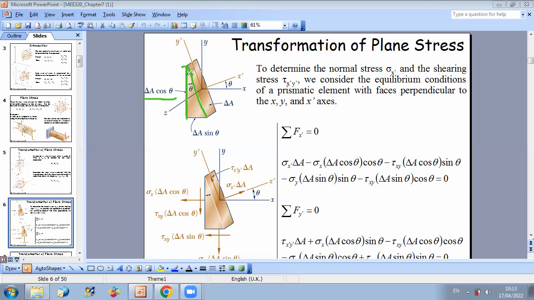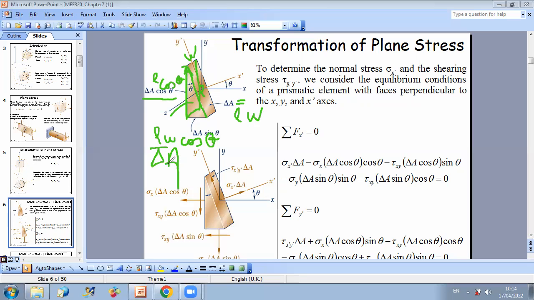Because if I call this side L and this side W, delta A is equal to L times W, while this other area is equal to this distance, which is L cosine theta, times W. So LW times cosine theta. L times W represents the area delta A.